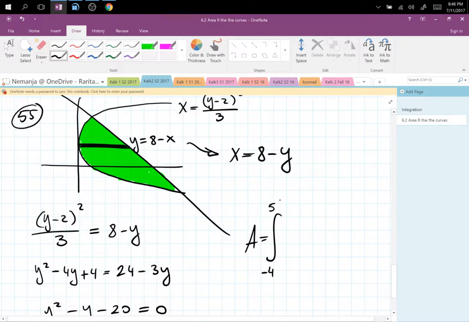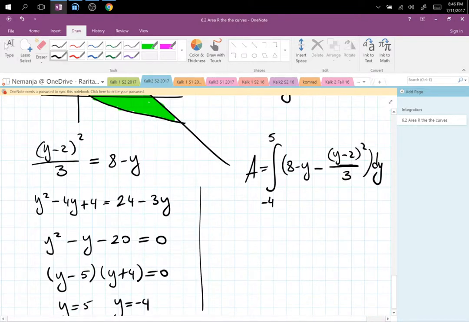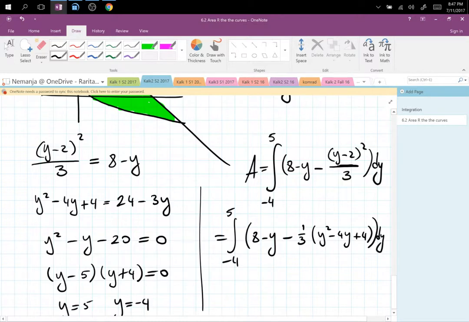And then we go linear minus quadratic. So 8 minus y minus y minus 2 squared over 3 dy, which is equal to the integral from negative 4 to 5 of parenthesis 8 minus y minus 1/3 times y squared minus 4y plus 4 dy.